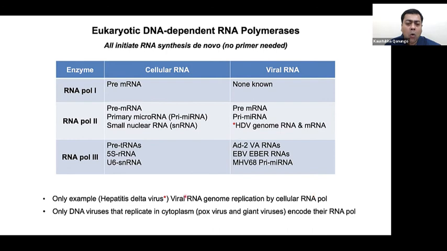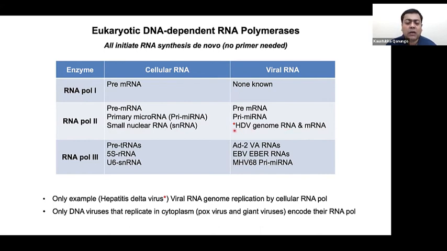This is the only example where a cellular, now remember that very carefully, a cellular DNA-dependent RNA polymerase, so transcription is done by the DNA template, only in the HDV genome, which is an RNA genome, this RNA pol can recognize the RNA as a template and can synthesize its RNA.